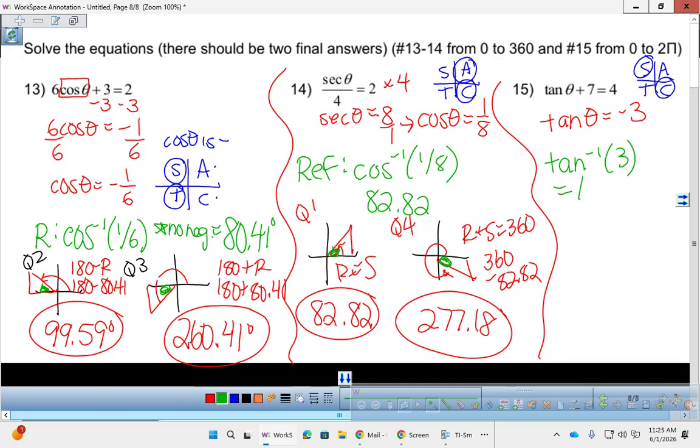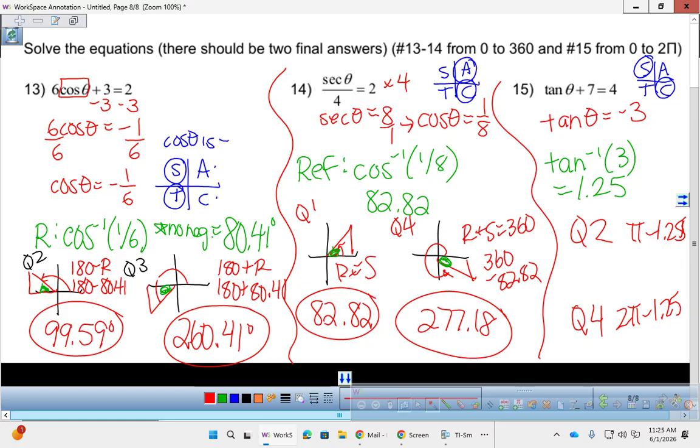And that's radians. You don't have to put a pi on that. I think a lot of you make the mistake of calling that 1.25 pi. It's not. It's just 1.25. All right, and then I would apply that to my two quadrants. So quadrant 2 and quadrant 4, I'm not gonna draw pictures. Quadrant 2 is 180 minus, but in this case it would be pi minus. And then in quadrant 4 it's 360 minus, so that's 2 pi minus.